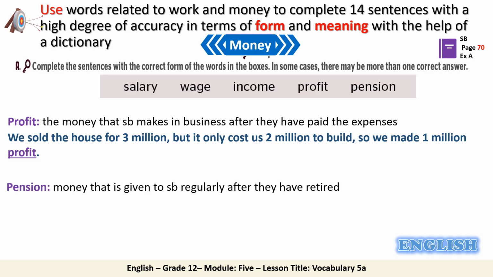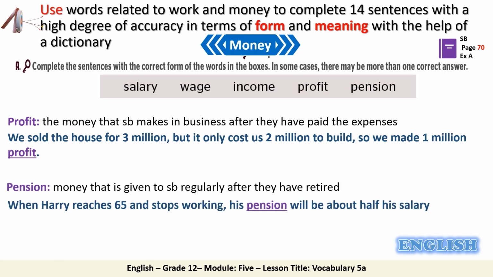Finally, the word pension, which is money that is given to somebody regularly after they have retired. It means the money you receive after your retirement. For example, when Harry reaches 65 and stops working, his pension will be about half his salary.